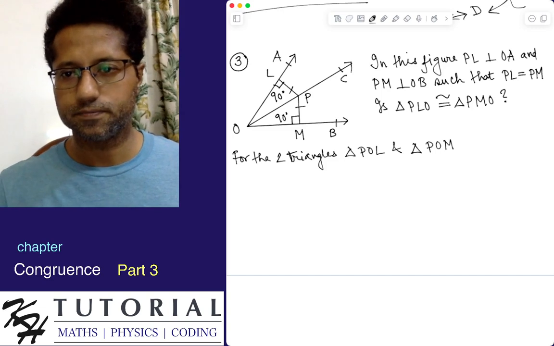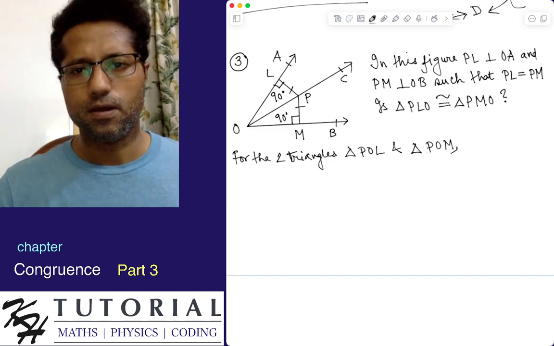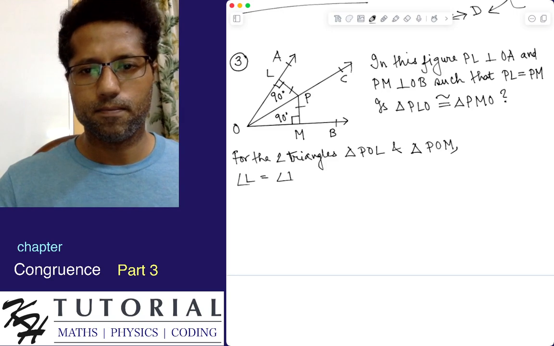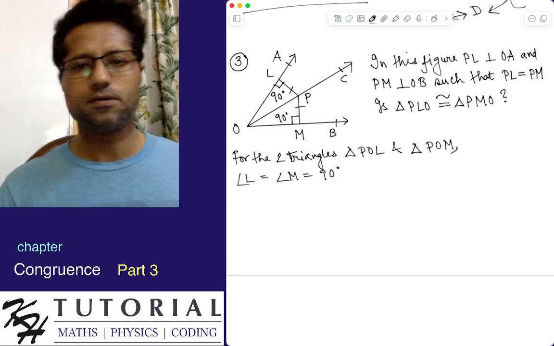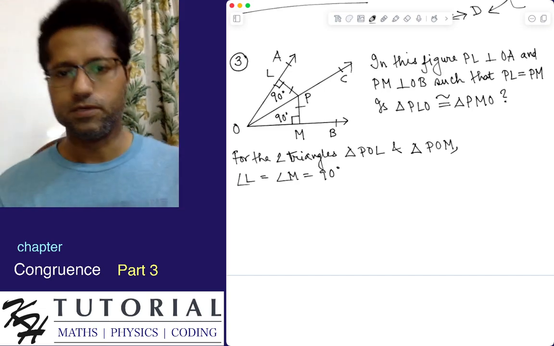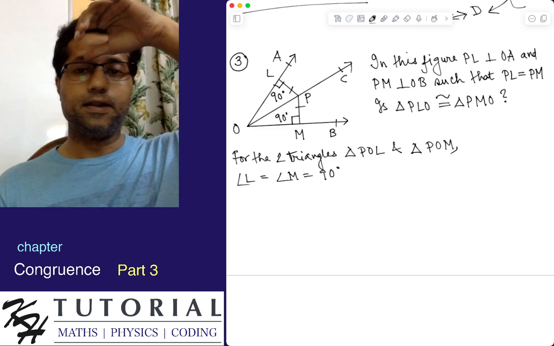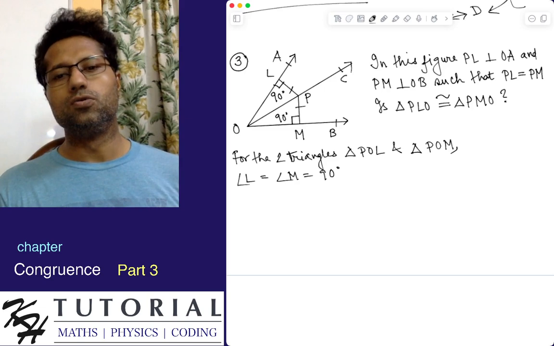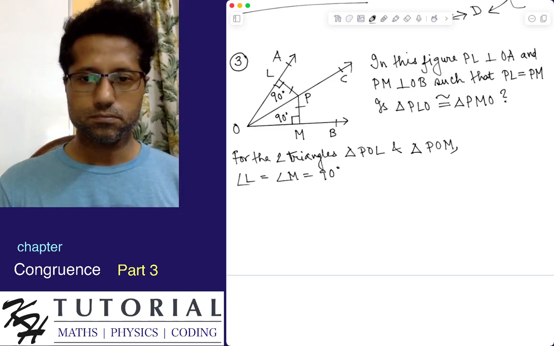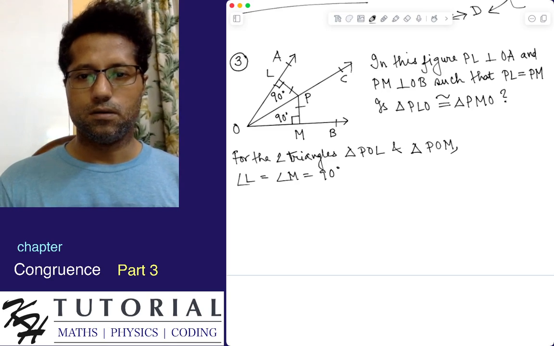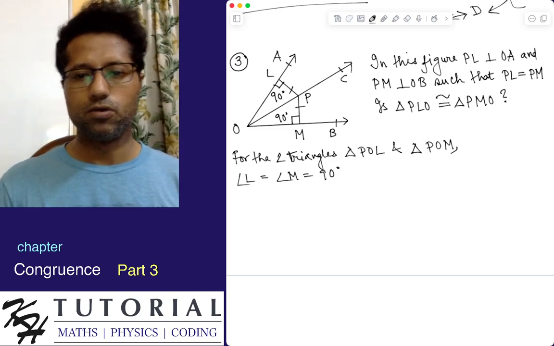For the two triangles, what do we have? We have angle L equal to angle M equal to 90 degrees. Since PL is perpendicular to OA, we will have angle PLO, which is equal to angle L, 90 degrees, and also angle PMO will be equal to the angle M. These angles are equal to 90 degrees.